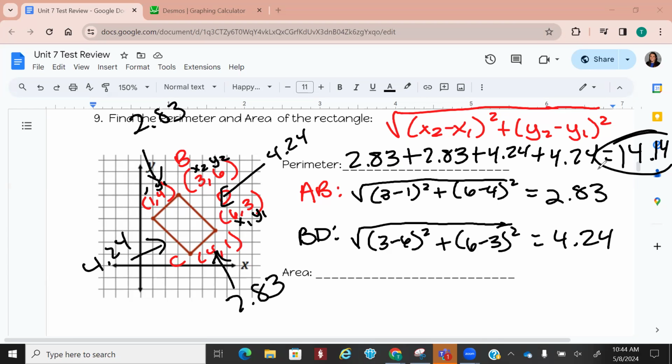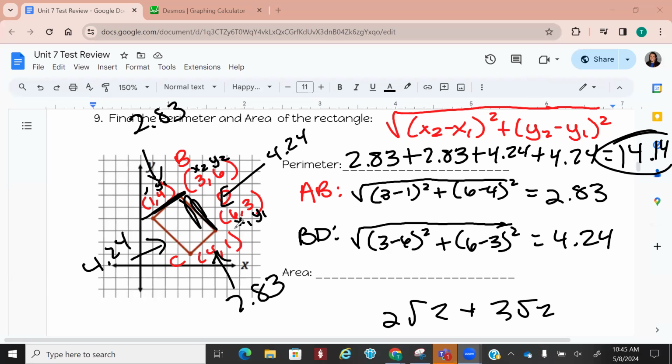Okay, good. It's going to be like 2 root 2 and 3 root 2. Were those the numbers? Okay, so you should have gotten 10 root 2.